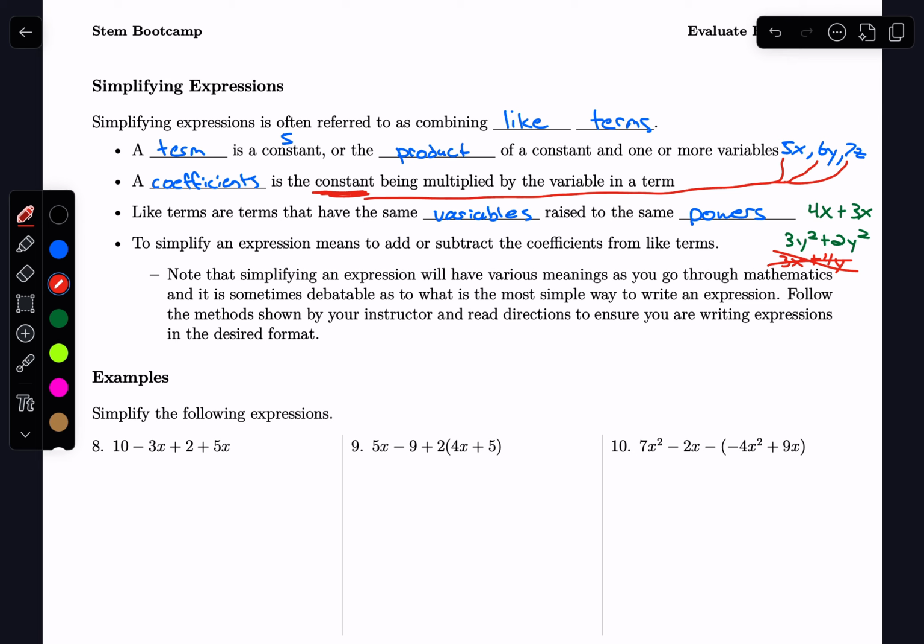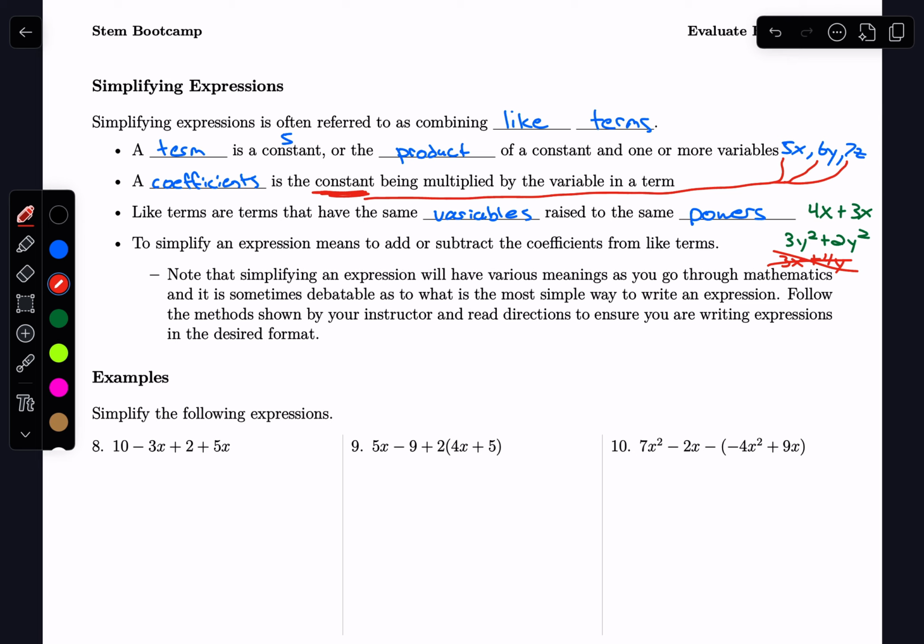A boat is a different thing than a truck. We wouldn't add those together to say that you have two trucks because a truck and a boat, they would represent different things. But if you have a truck, a boat, and another truck, we would probably add together the two trucks to say that you have two trucks and one boat. So we would combine the trucks into one group.